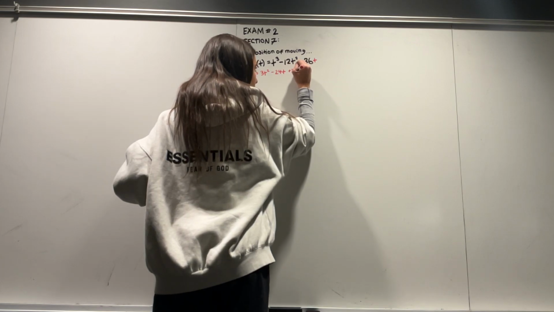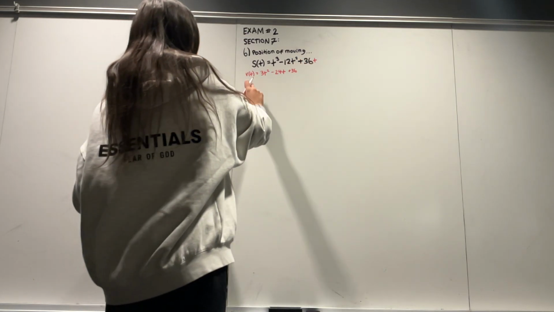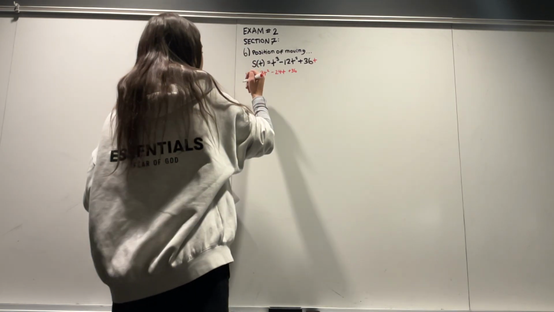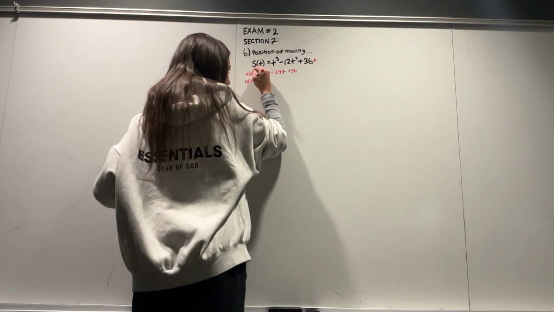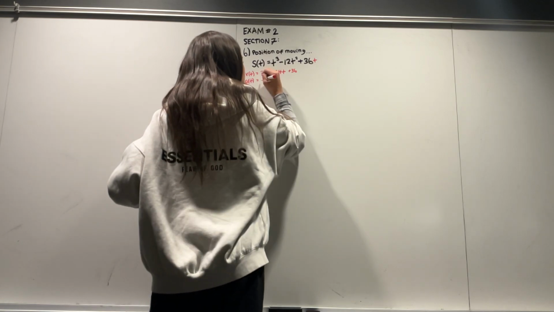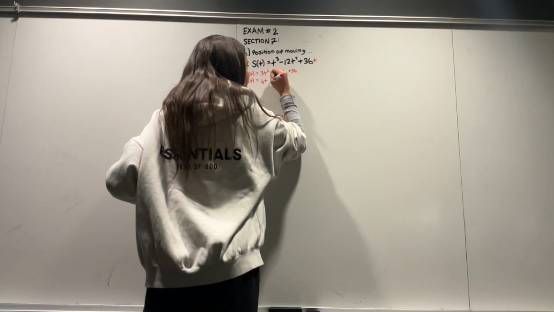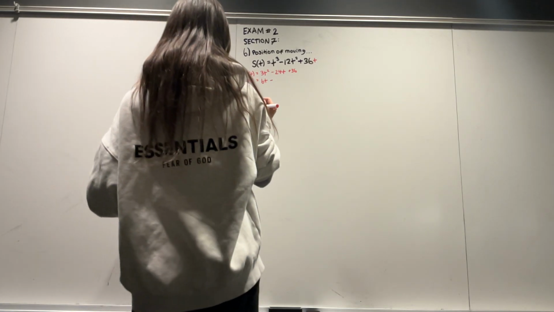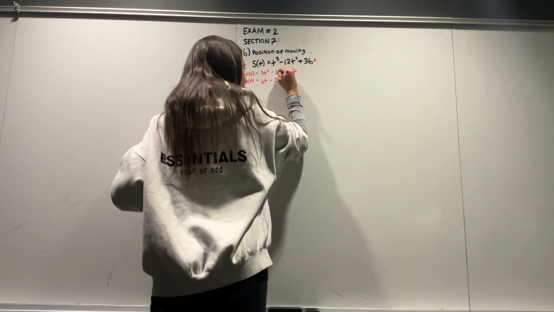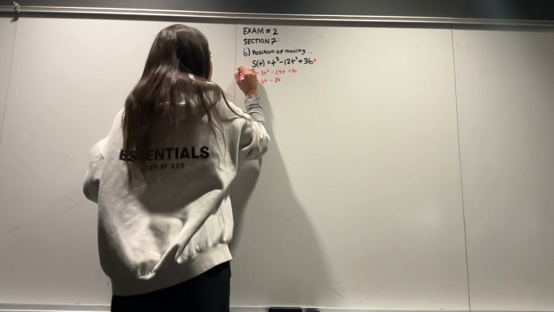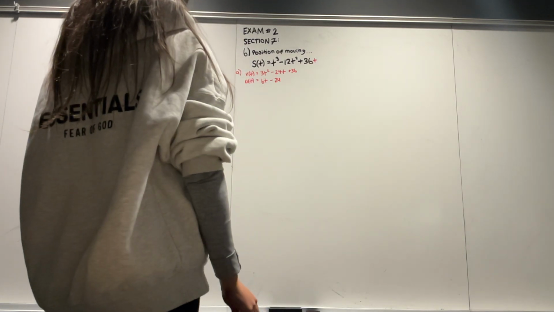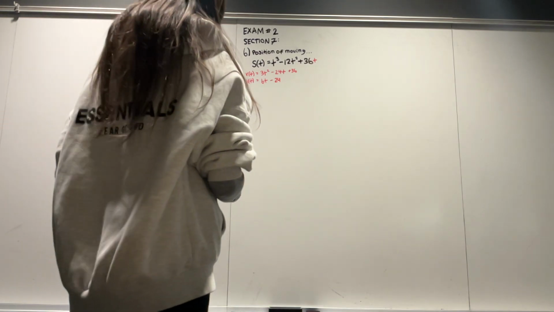The second derivative of the position is acceleration, so a of t is going to be 6t minus 24. So there's your first and second derivative.